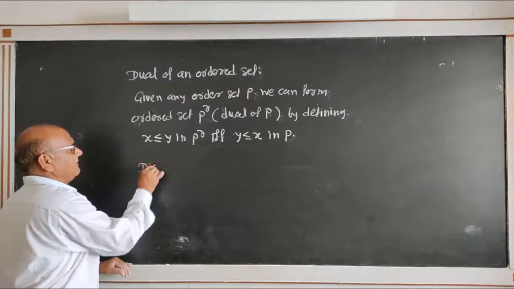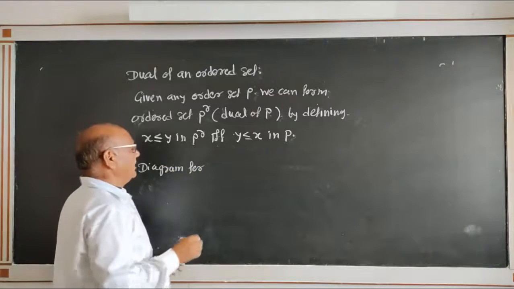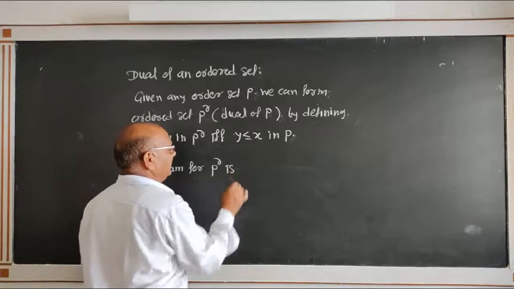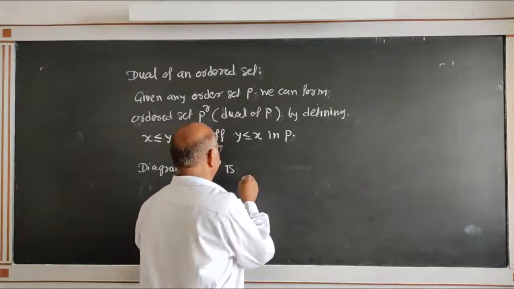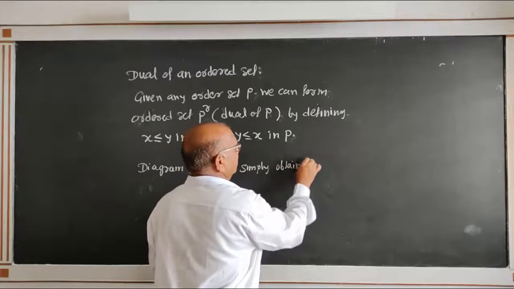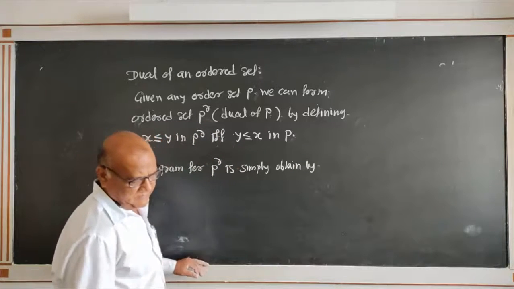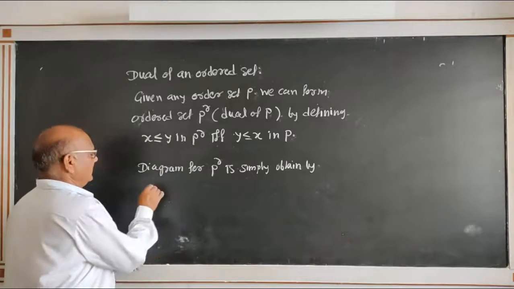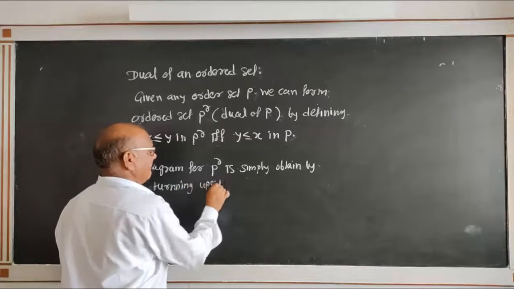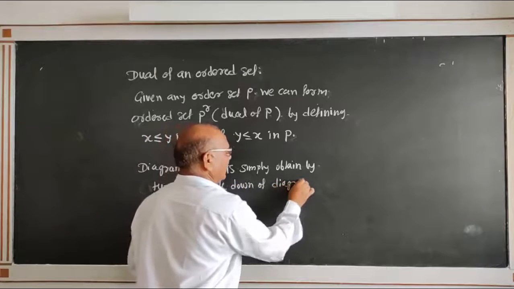The diagram for P dual is simply obtained by turning the diagram of P upside down.